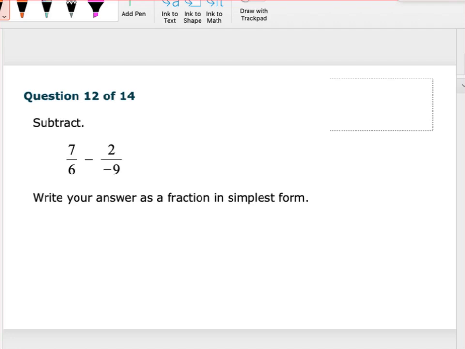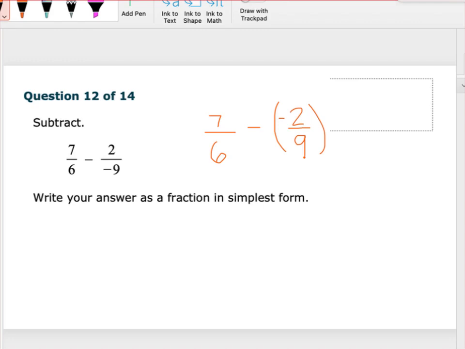Number 12. Now we have to subtract, but we also have to get common denominators. So what I'm going to do is clear out the minus sign here, because I've got minus, and then having that negative on the bottom is just awkward. Let's move the negative to the top. Dealing with negatives on the bottom just sometimes leads to mistakes.